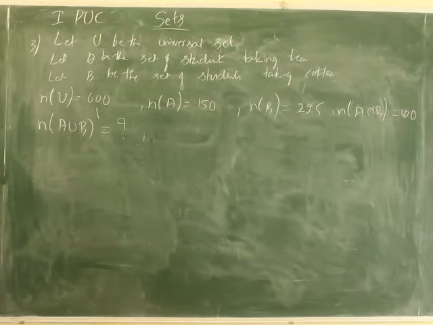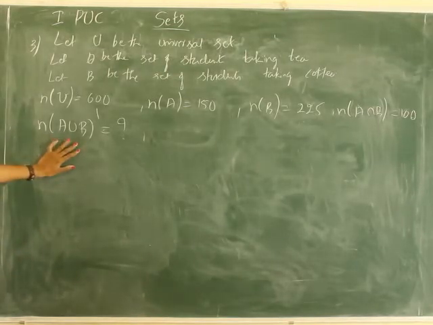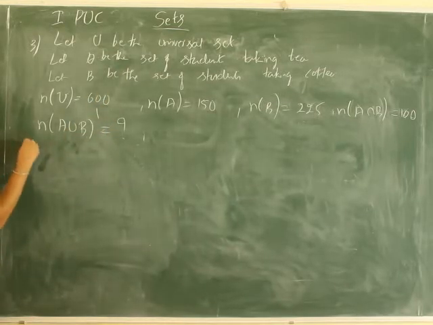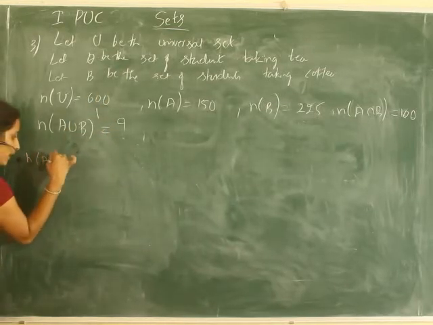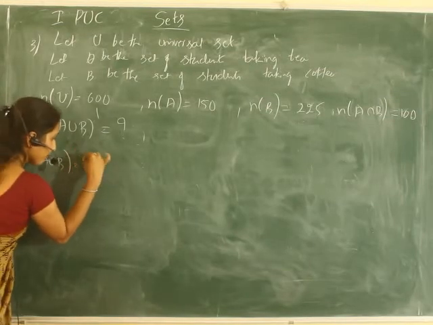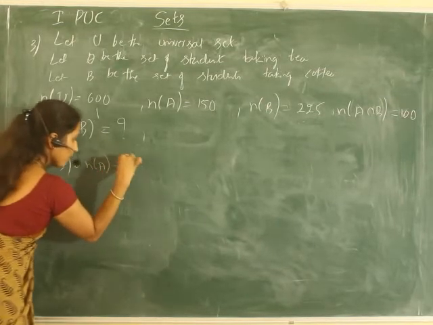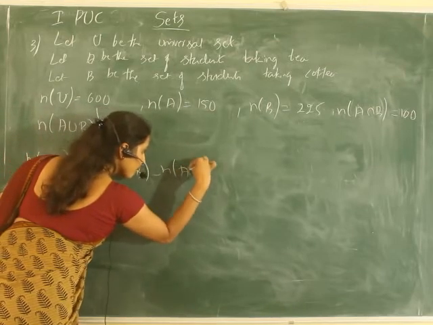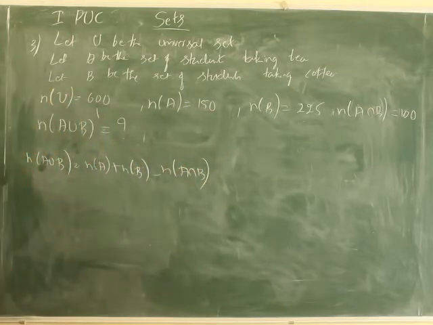Now n of (A union B) complement means the elements in the universal set but not in the union. So first we calculate n of A union B, which is n of A plus n of B minus n of A intersection B.